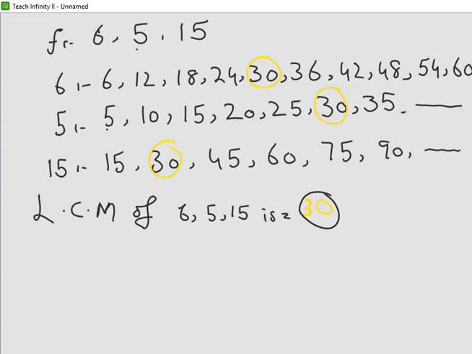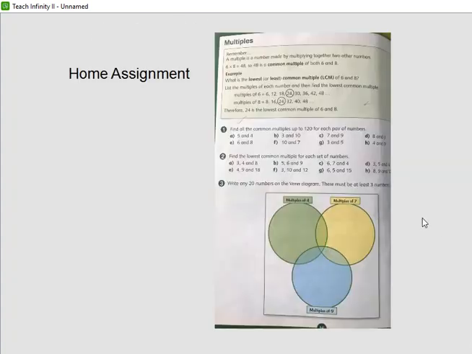As we discussed multiples, then common multiples, and in the last question we discussed lowest common multiples. Now let's come to the home assignment. In question number 1, I solved question number A, 5 and 4, and question number F, 10 and 7. Similarly, I solved question number A in 2, this is 3, 4 and 8, and question number G. So you have to solve the remaining questions.